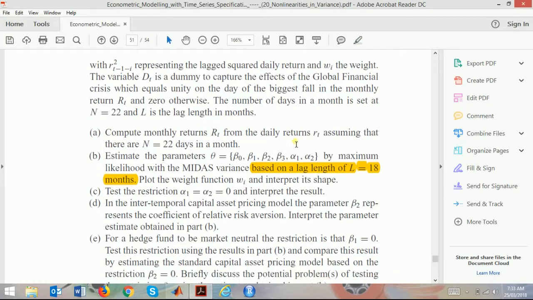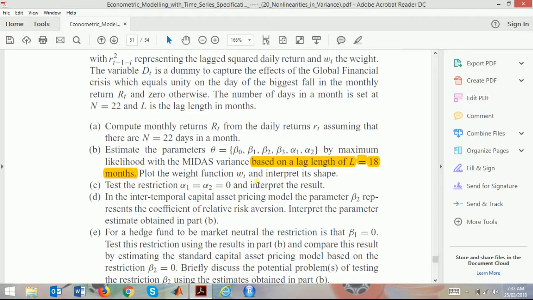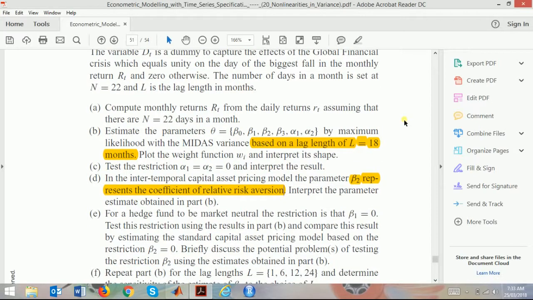Then there is a restriction setting the alphas to be 0. In the intertemporal CAPM model, the parameter beta 2 represents the coefficient of relative risk aversion.